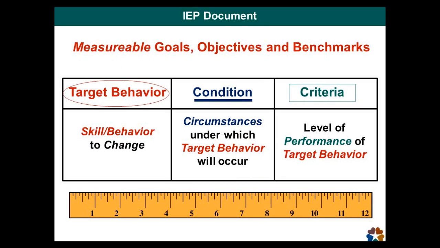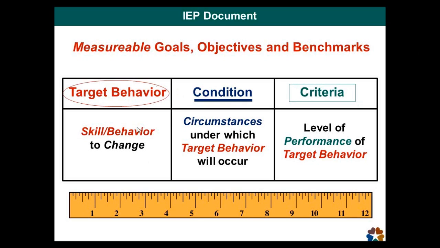So Desi, to help facilitate understanding a goal and helping you determine whether or not the goal is a measurable goal and is really a good goal, they've come up with this way of diagramming it. So what they do is they think of a goal in terms of having a target behavior, a condition, and a criteria.